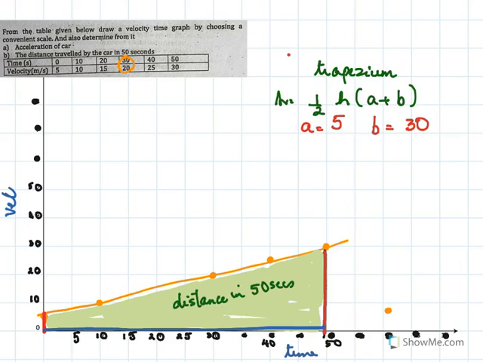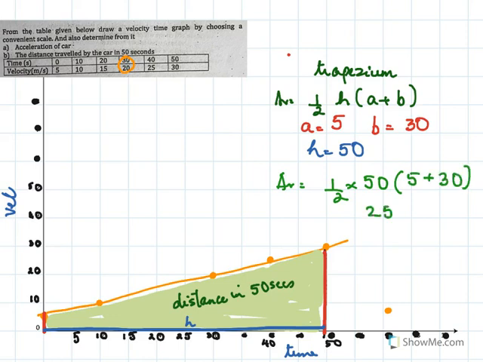This is the h, which is 50, and you go ahead and substitute. Half, h is 50, a is 5, and b is 30. So half and 50 cancels, becomes 25 into 35. This will be the distance traveled in 50 seconds.